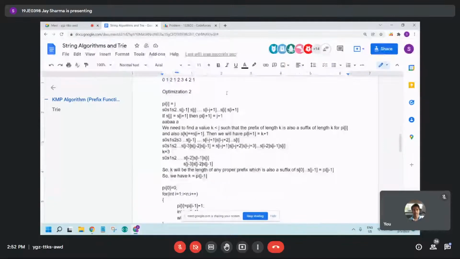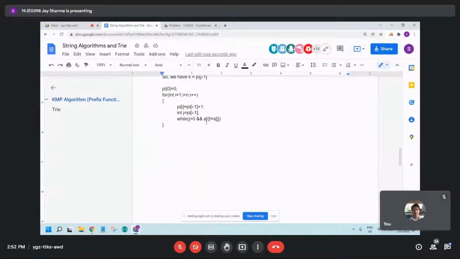So the last character that we are trying to check, if that is not equal to the character just after this j minus 1, that is the case, then we need to find the value of k, and we will get int k equals pi of j minus 1. Okay, and then we'll make j equal to k minus 1.